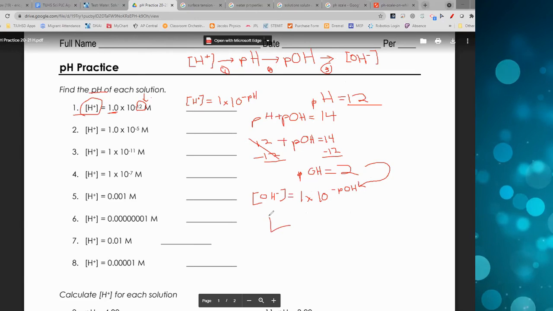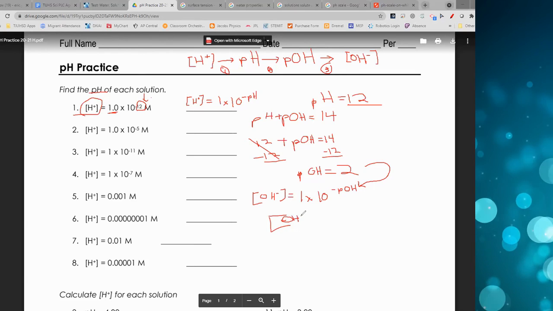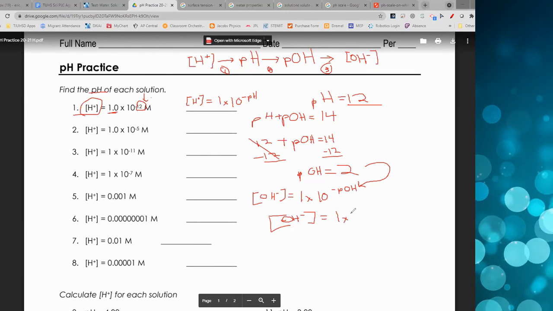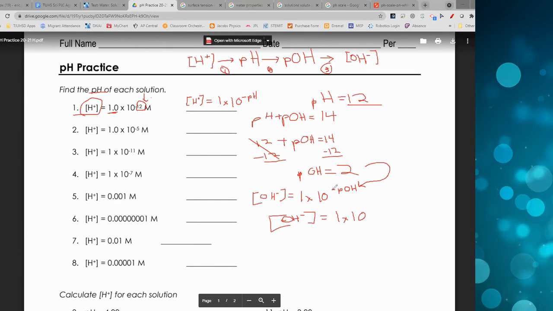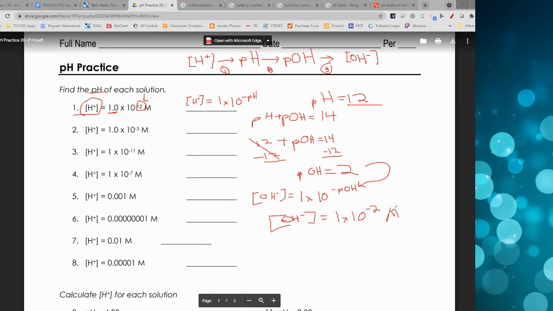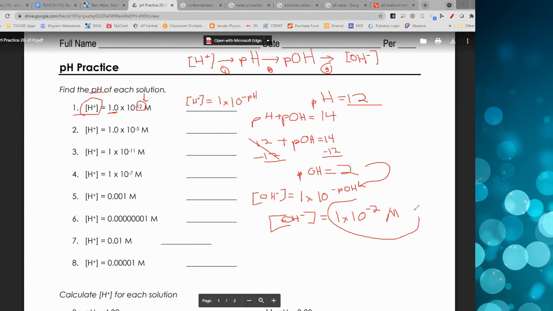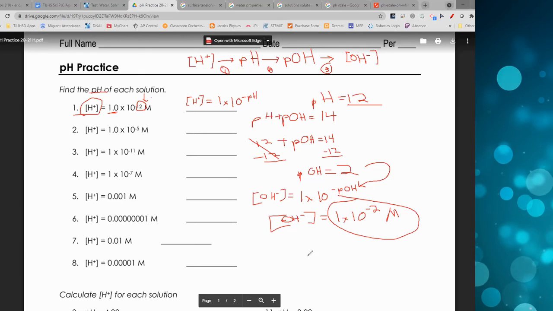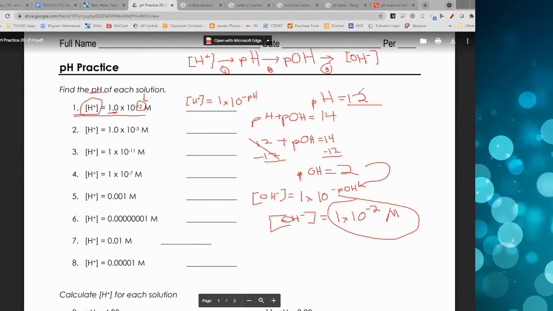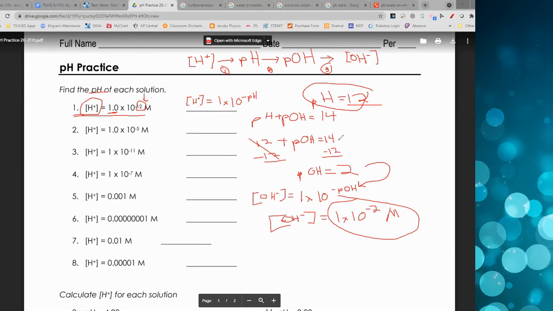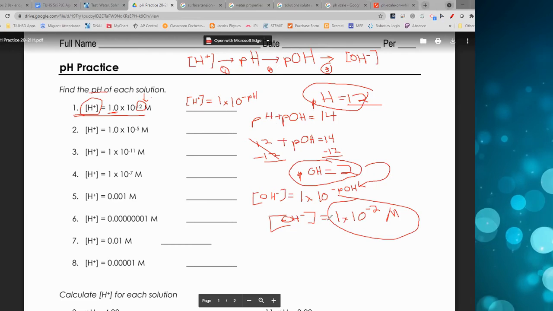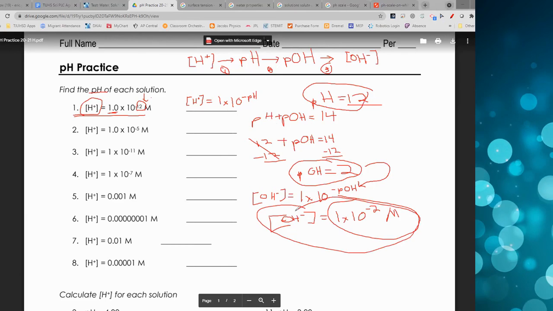So I get the concentration of OH minus equal to 1 times 10 to the negative 2, and that would be measured in molars. So 1 times 10 to the negative 2 molar. So I just showed you how, given one of these, we can convert it to pH, we can convert it to pOH, and we can convert it to OH minus.